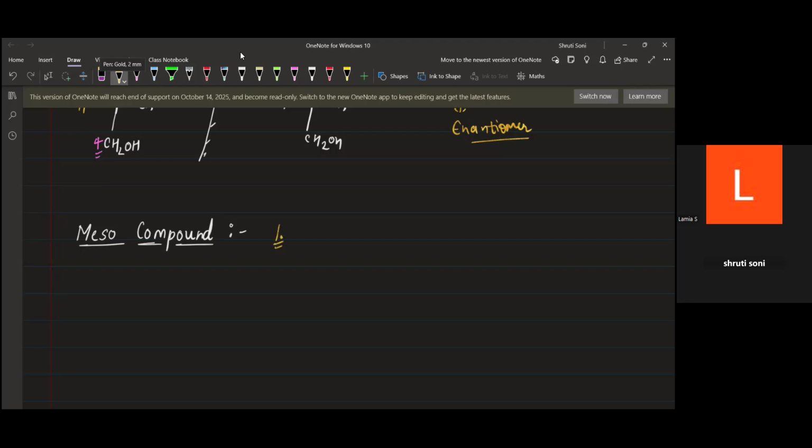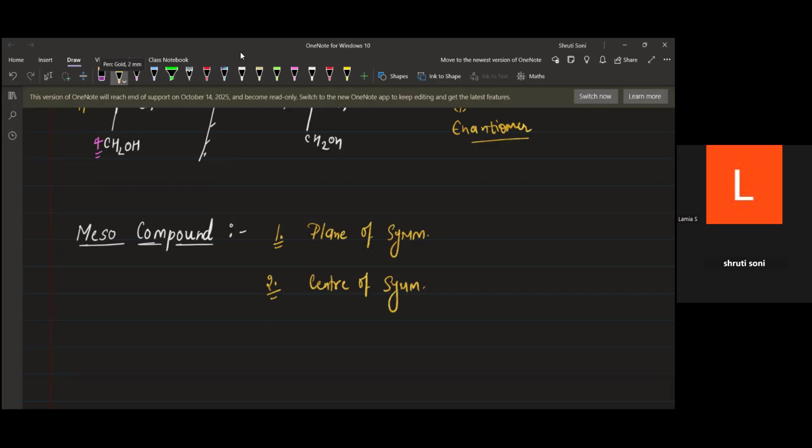The first is that in a meso compound there should be a plane of symmetry present. Yeah, I think you told me that. And the second one is that there must be a center of symmetry present. In that case, the compound will be a meso compound.